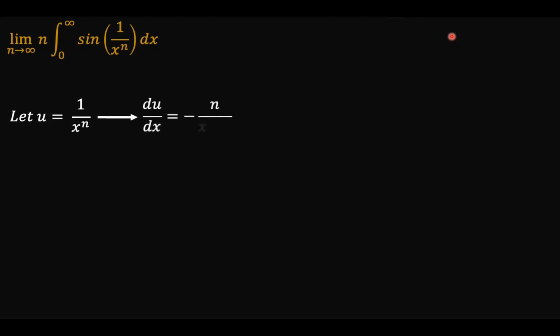So the problem is the limit as n tends to infinity of the product of n and the integral of sine of 1 over x to the power n from x equals 0 to infinity. The first thing I'll do is let u be equal to 1 over x to the power n, such that when we differentiate u with respect to x, we get negative n over x to the power n plus 1.